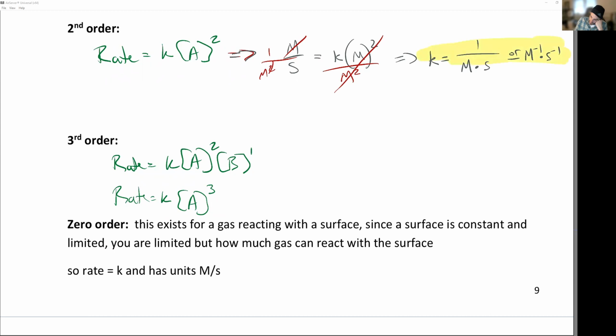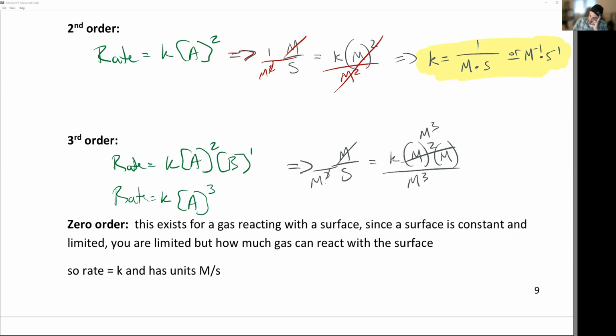Again, we're doing these just by understanding how units work and what we're required to have for both concentration as well as rate. And the last one: rate in molarity per second is equal to k times molarity squared times molarity, which together comes out to be molarity cubed, all divided by molarity cubed in order to move it to the other side.